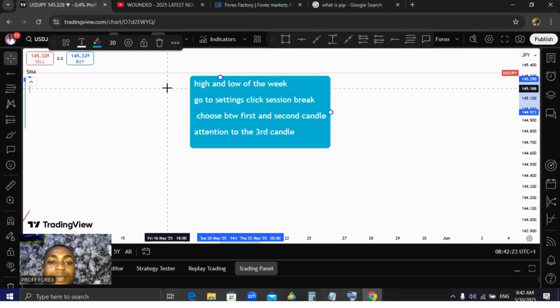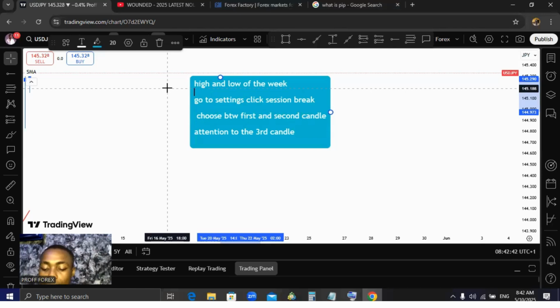Then you go to the settings on your TradingView, click on section break. On that settings, you go to events, click on section break, choose between the high and low candle, the first and second candle, then determine the first one that is higher and second one, then choose it. Then pay attention to the third candle.